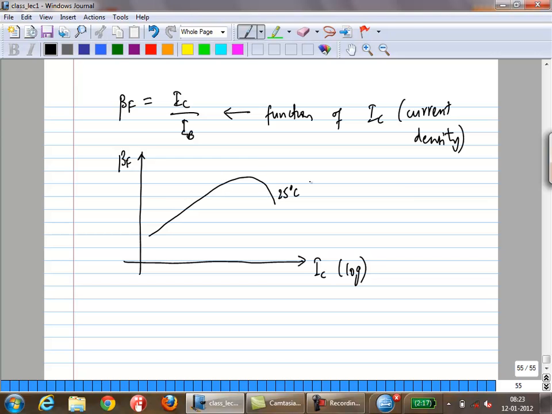The other thing to remember is that if I decide to change temperature, beta also changes.